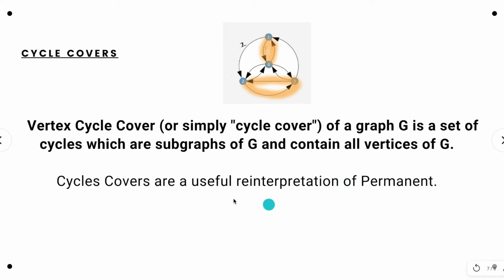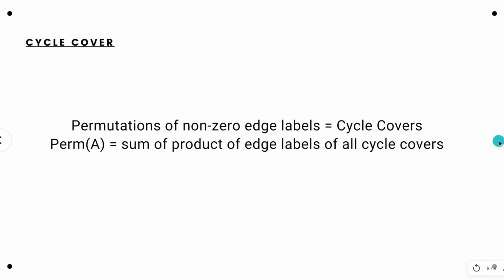Cycle covers are a useful reinterpretation of the permanent. A vertex cycle cover of a graph, also simply called a cycle cover, is a set of cycles which are subgraphs of G, and they contain all the vertices of G. The emphasis is on all vertices.